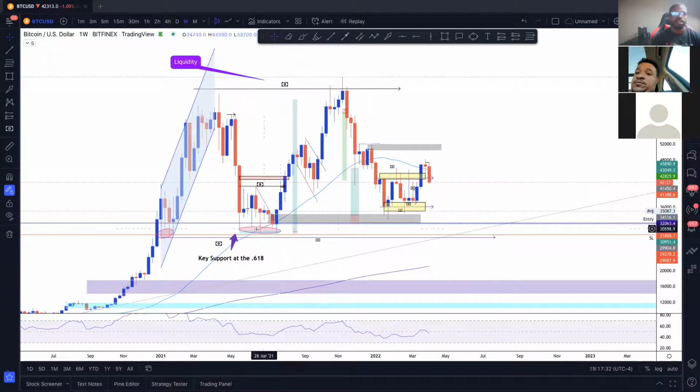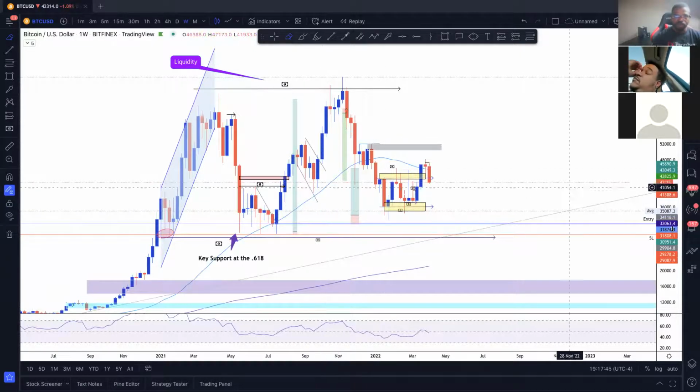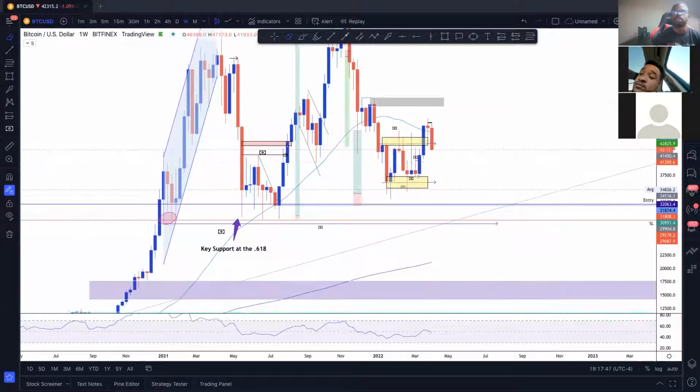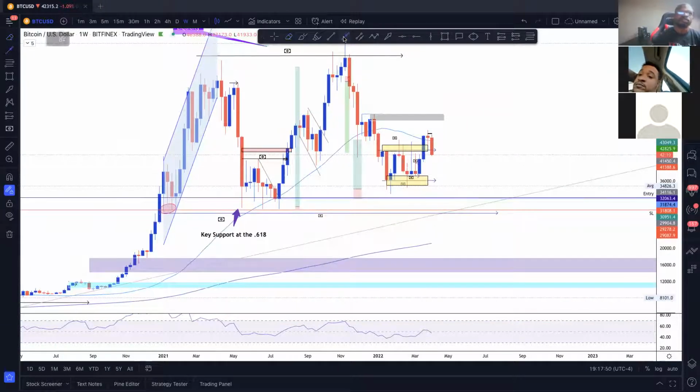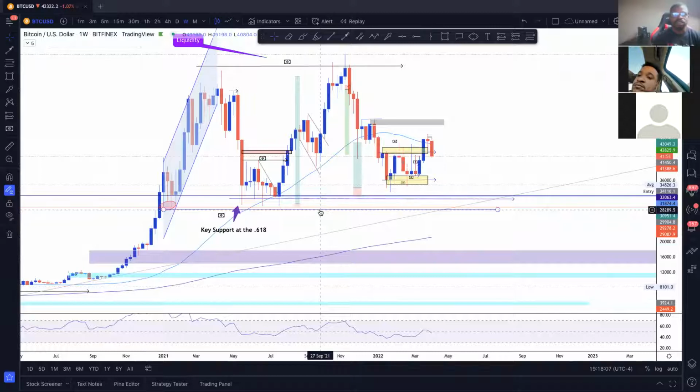So what I'm going to do is delete these zones because they've already been played. Now, since that's the case, everything underneath this area has now become liquidity. Does that make sense?